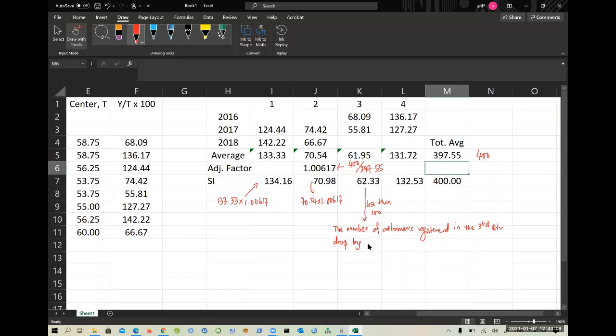So the difference you have to take, this one is actually 62.33 minus 100, so you get 37.67%. So drop by 37.67%. So how do you get this? This is 100 minus 62.33. Okay, the number of customer registered in third quarter dropped by 37.67% each year.